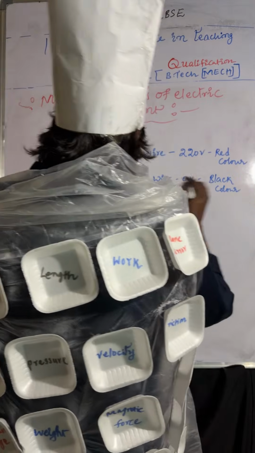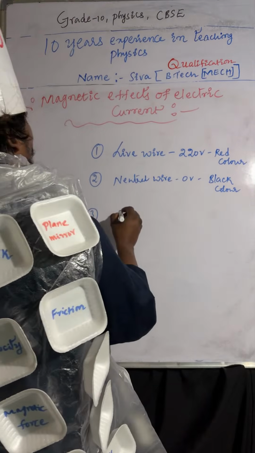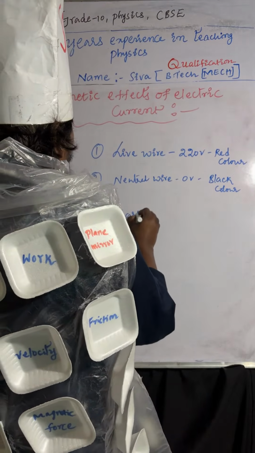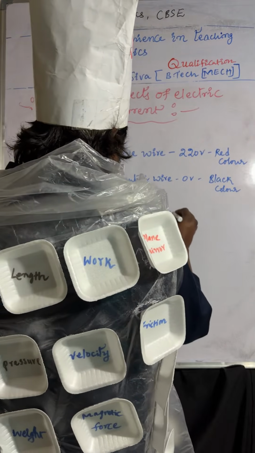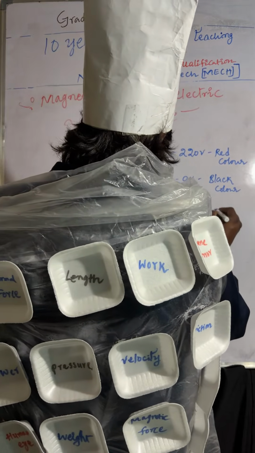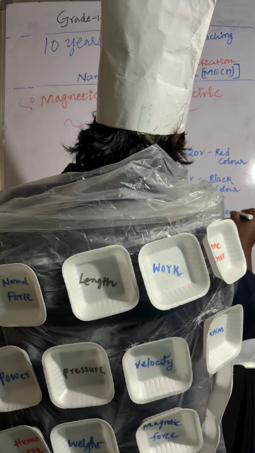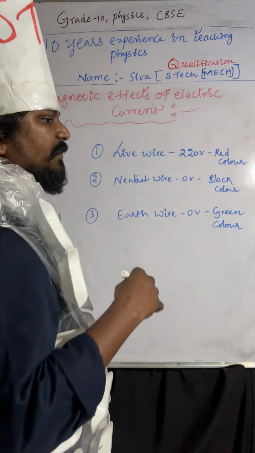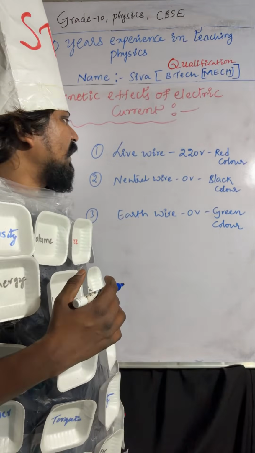And coming to the third one, earth wire is 0 potential, green color. Understood?